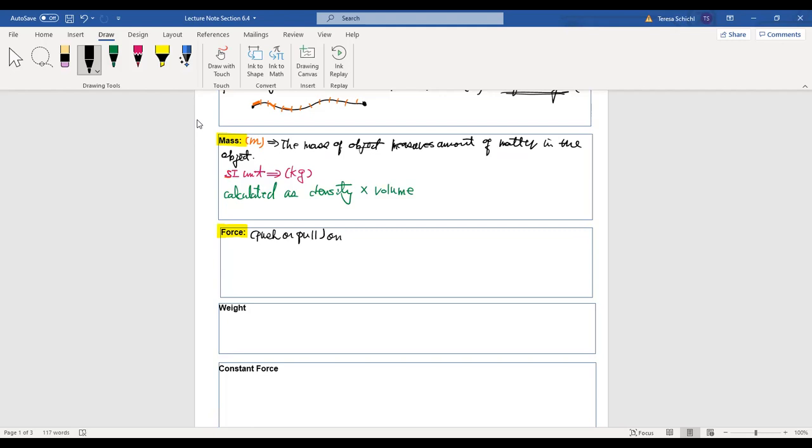The force on an object is the object's mass times the acceleration of its motion.